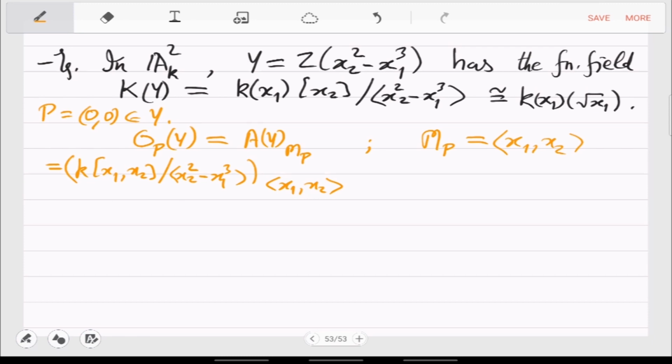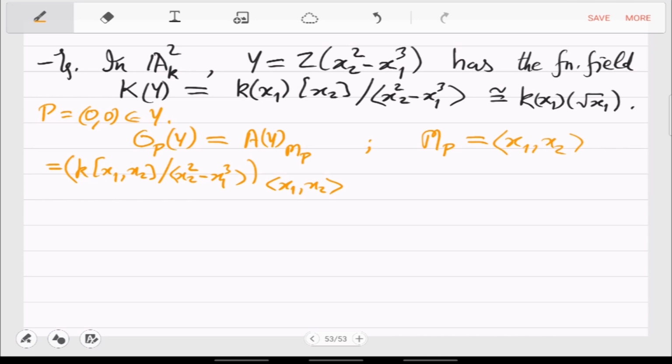You should just think of the thing inside the bracket to be just polynomials in x1 and x2, and you are allowed those polynomials to be divided by polynomials which are not in the x1 comma x2 ideal. So the denominator should not be constant free. That's all it is saying.